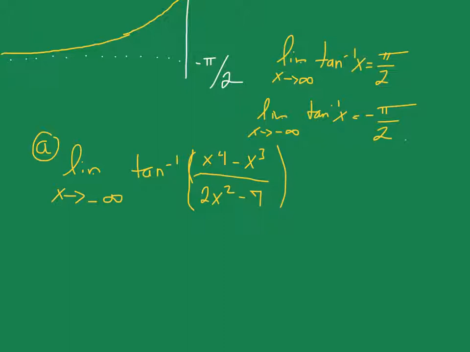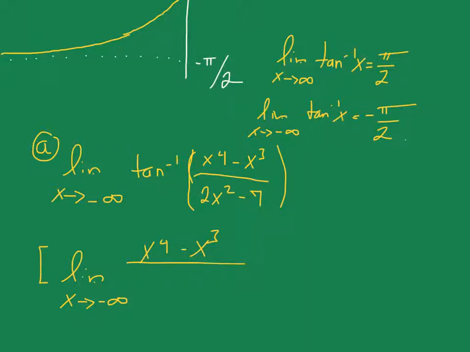For this, let's first calculate the limit of the argument of tan inverse here. So let's calculate the limit of x to the fourth minus x cubed over 2x squared minus 7. To do that, we can use our general method for evaluating limits at infinity, which involve a polynomial over another polynomial.